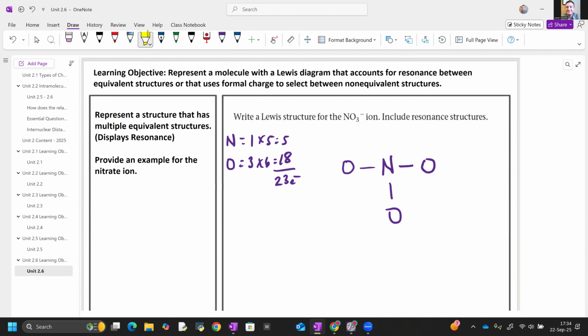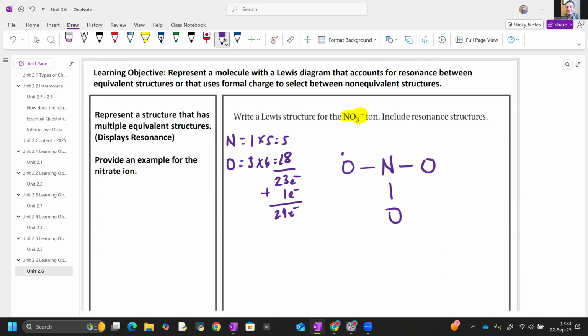If you notice on the nitrate ion, there is a charge on there, and that charge is negative, which means that there is an additional electron. And so to our count, we must add 1 more electron. And so we now have 24 electrons. All right, and so now that we have that count, all we have to do is add our electrons.